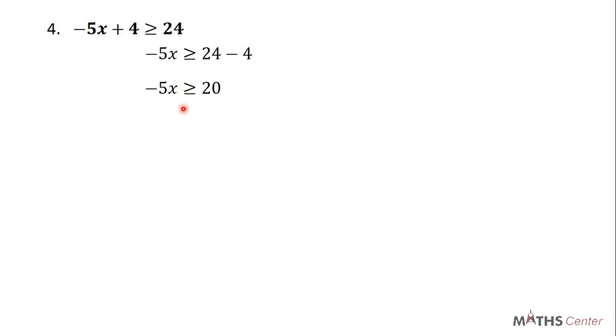When you get to this stage, you divide through by the number attached to the variable. The variable is x. The number attached to it is -5. So you divide through by -5. But remember that as soon as you divide through by a negative number, the direction of the inequality changes.